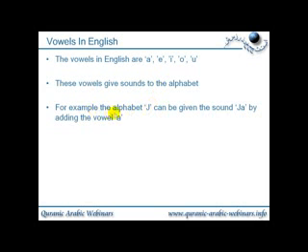For example, the alphabet J can be given the sound ja by adding the vowel A. So here we're just trying to demonstrate that you have the actual alphabet, which is called J, and by adding a vowel, that's when you really get a sound with the actual alphabet. So that is the purpose of the vowels. They generally give the sounds to your letters, or what are known as consonants.